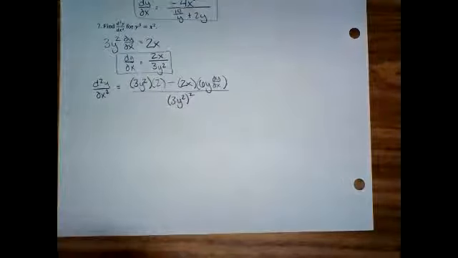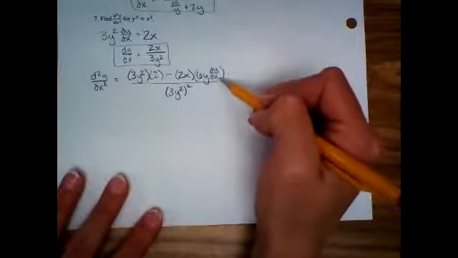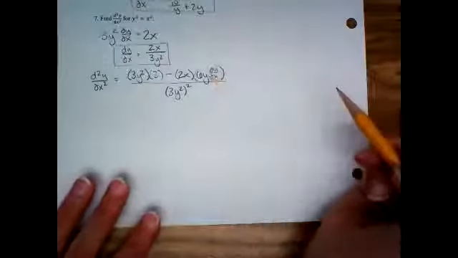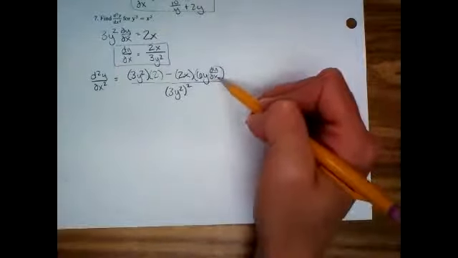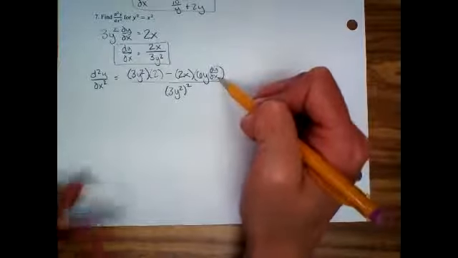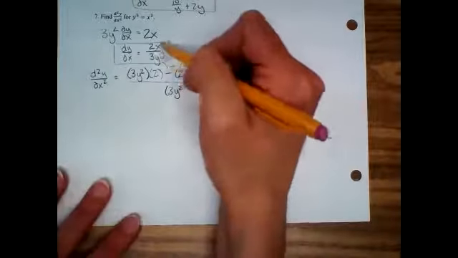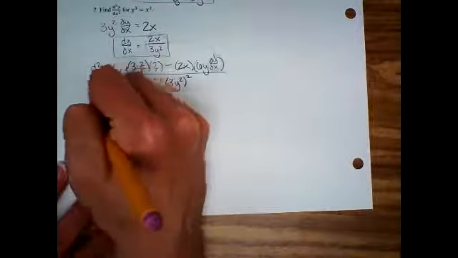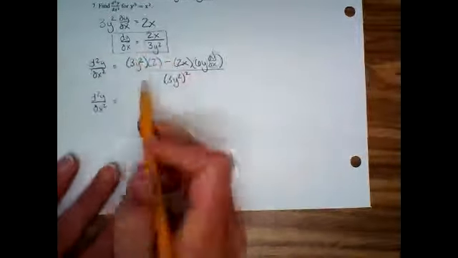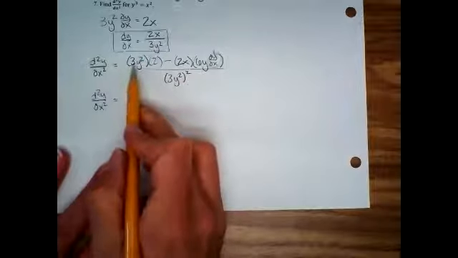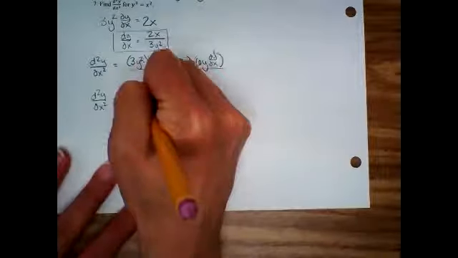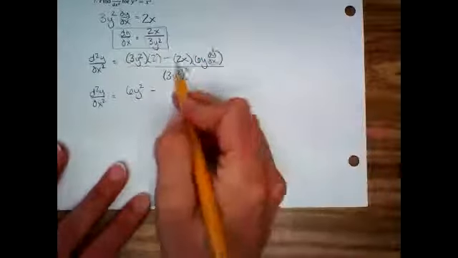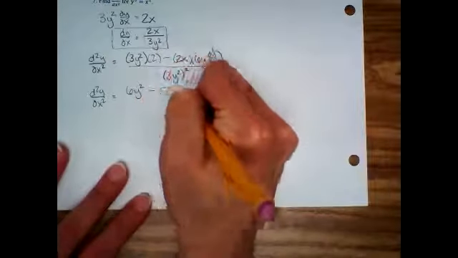Now I'm going to clean this up a little bit just for the sake of practicing simplifying things down. And the other thing you have to do is replace the dy/dx. You can't leave that in there. So what does dy/dx equal that we'll replace it with? Yeah, this right here, that's going to have to get substituted in for that. So let's see, we can clean this up a little bit. This would be 6y squared minus 12xy.